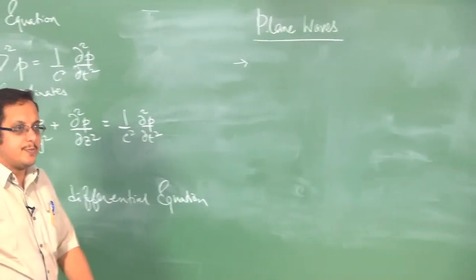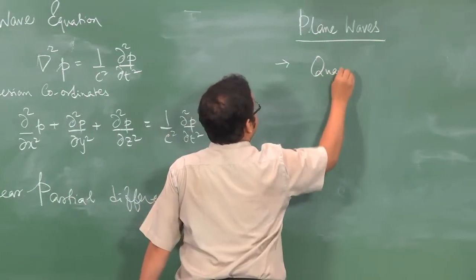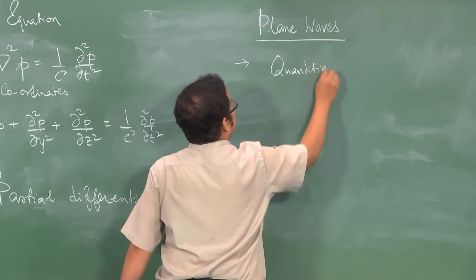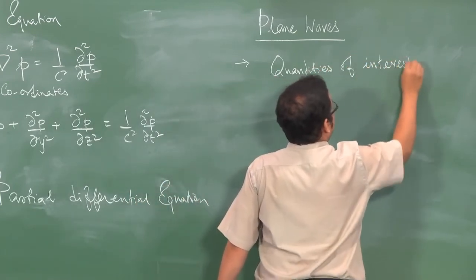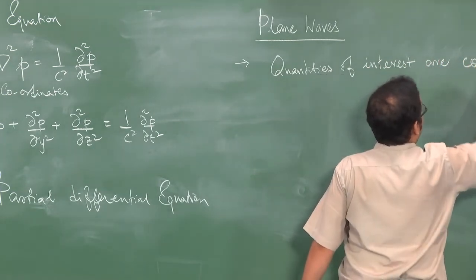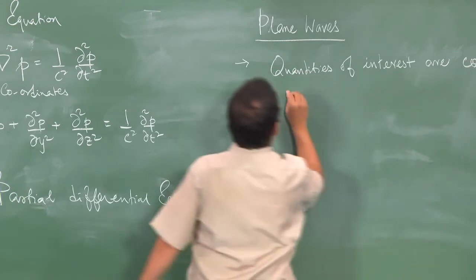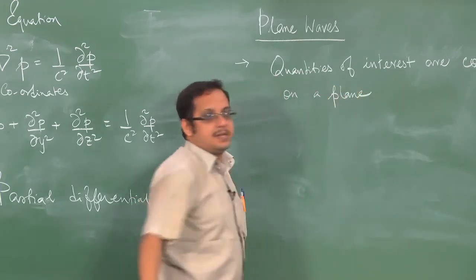So, the colloquial definition of plane wave would be as follows: quantities of interest are constant on a plane, right.